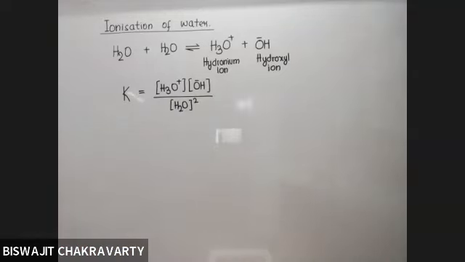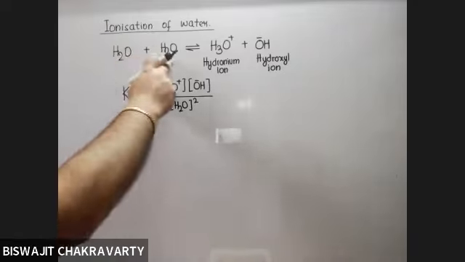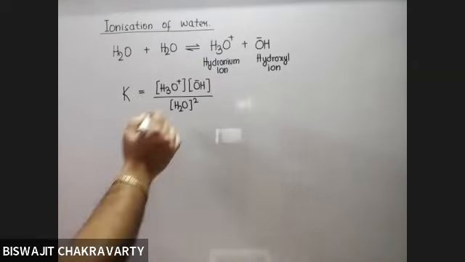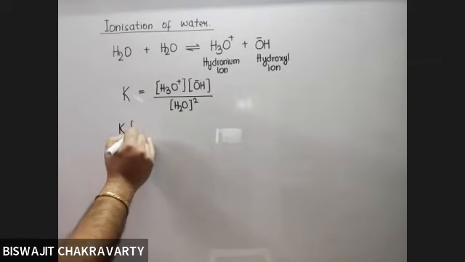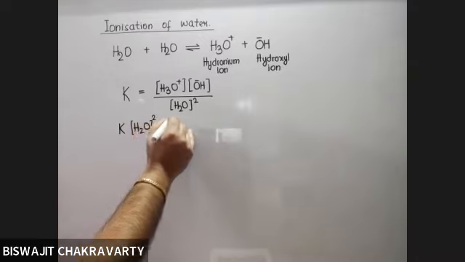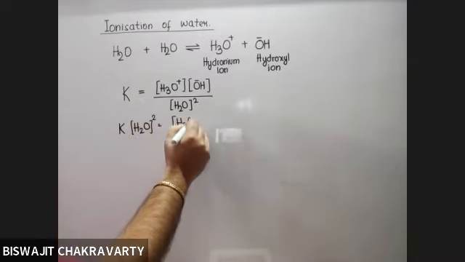So K is equal to H3O plus into OH minus divided by H2O square, because it is H2O into H2O. Now this being a pure liquid, the concentration of pure water is always taken to be constant. So when it is multiplied with the equilibrium constant, we get this expression.